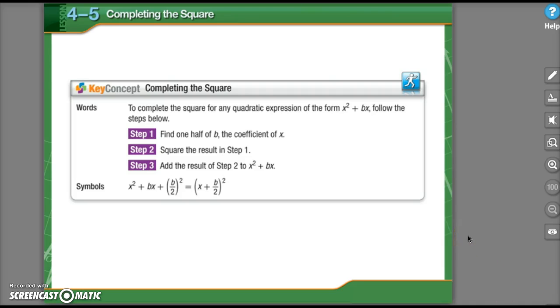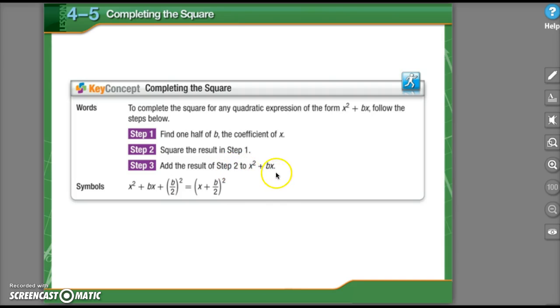Okay, the key concept for this lesson is on the concept of completing the square. And it says basically what we need to do is to complete the square for any quadratic expression of the form x squared plus bx. The first thing you're going to do is find half of b. Then you're going to square that answer. And then you're going to add your answer to the end of this.